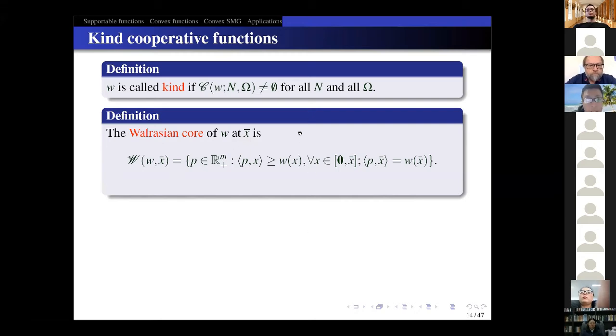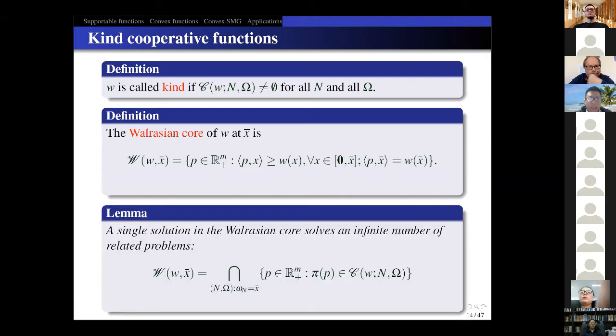Note that here we have an infinite number of inequality restrictions. It is easy to show that the variation core is simply the set of shadow prices, where each price vector solves infinitely many problems.